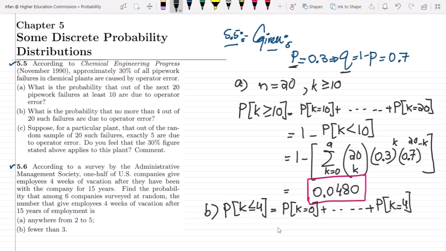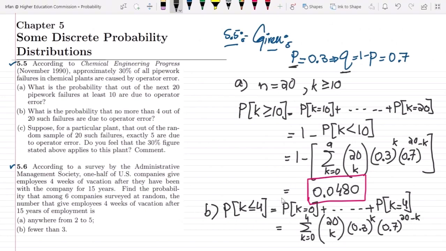So it will be again the same formula, but now the values are from 0 to 4. So k equal to 0 up to 4, and here n is 20, choose k, and the probabilities remain the same, 0.3 to the k, and 0.7 to the n minus k, which is 20 minus k.